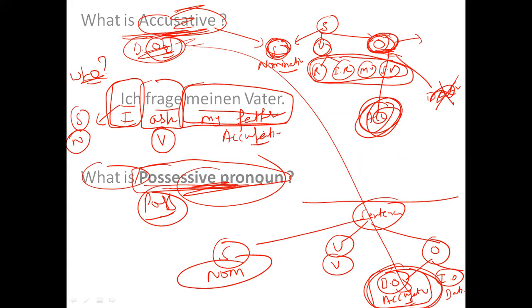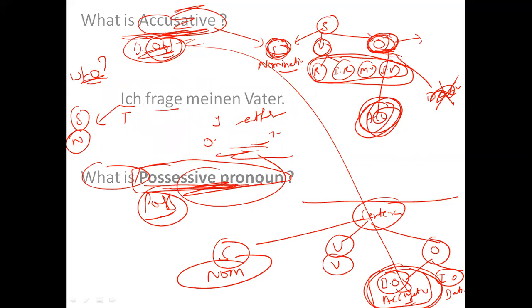We are not talking about dative for the time being; we will discuss that later on. For now, you just need to focus that if any object is there, it will be treated as accusative only. So this is an object, hence accusative. In this object there are two words.